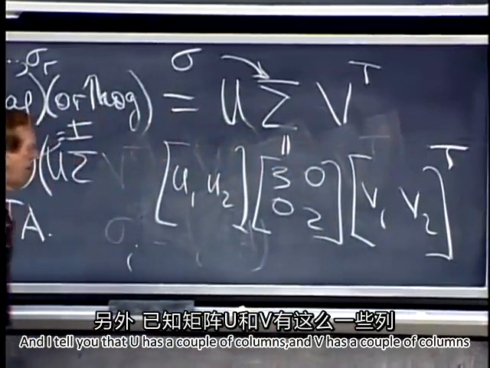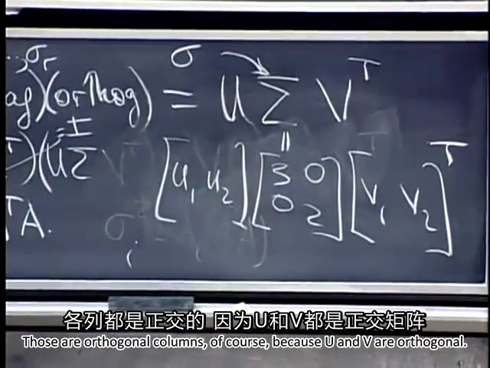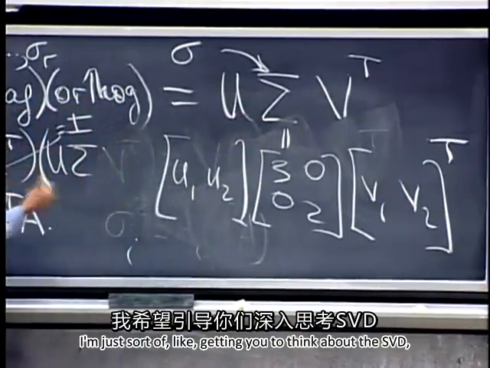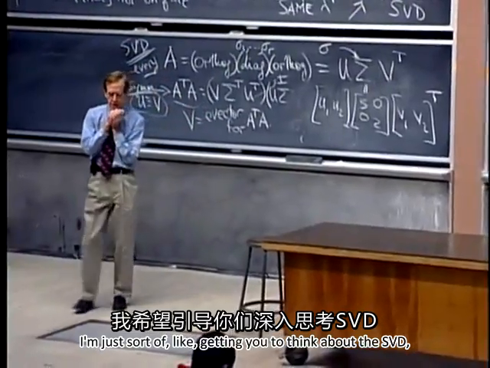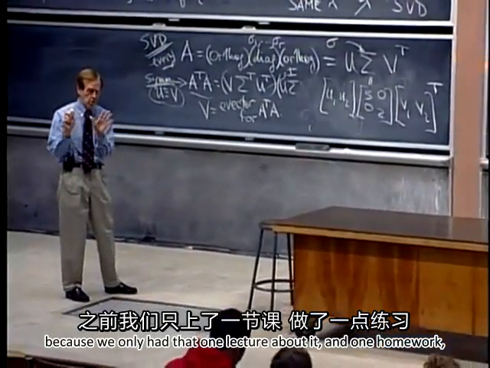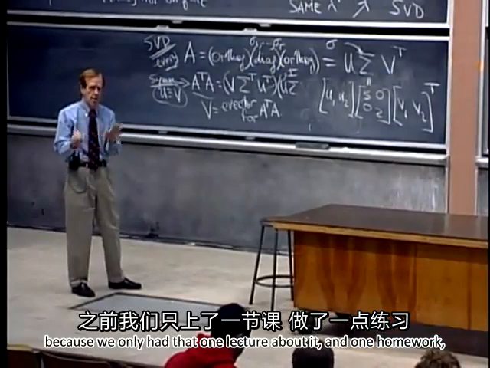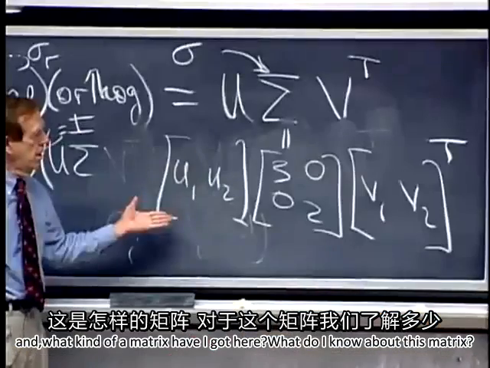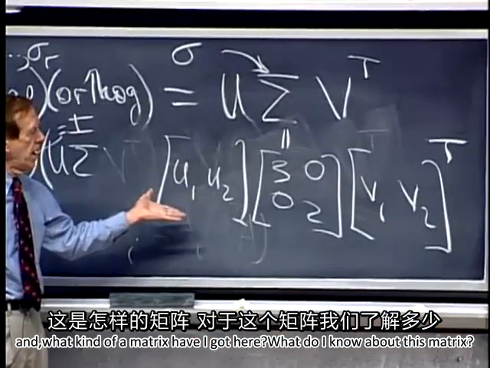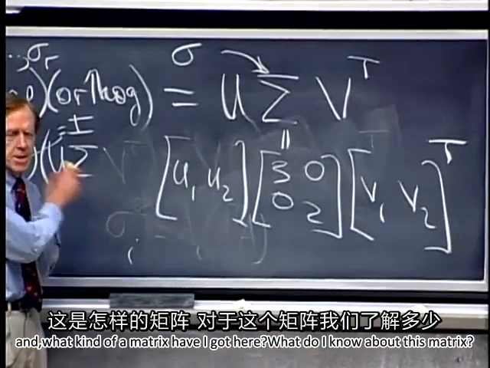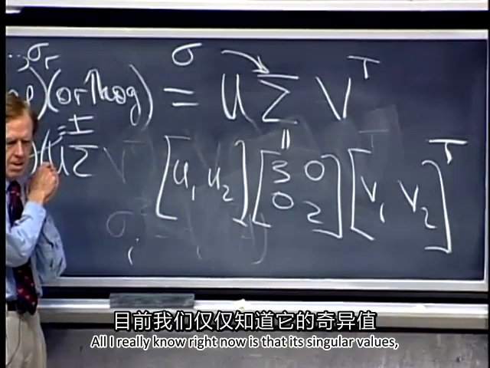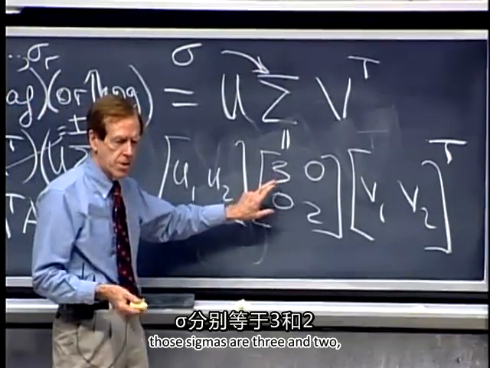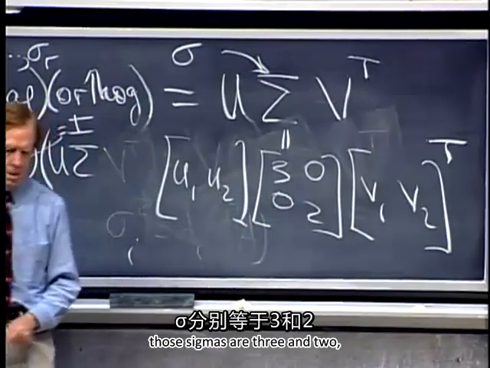Those are orthogonal columns, of course, because U and V are orthogonal. I'm just getting you to think about the SVD, because we only had that one lecture about it and one homework. What kind of a matrix have I got here? What do I know about this matrix? All I really know right now is its singular values. Those sigmas are 3 and 2.